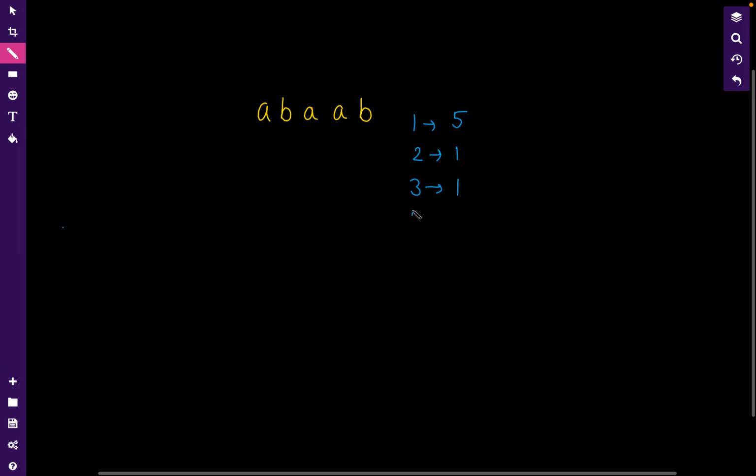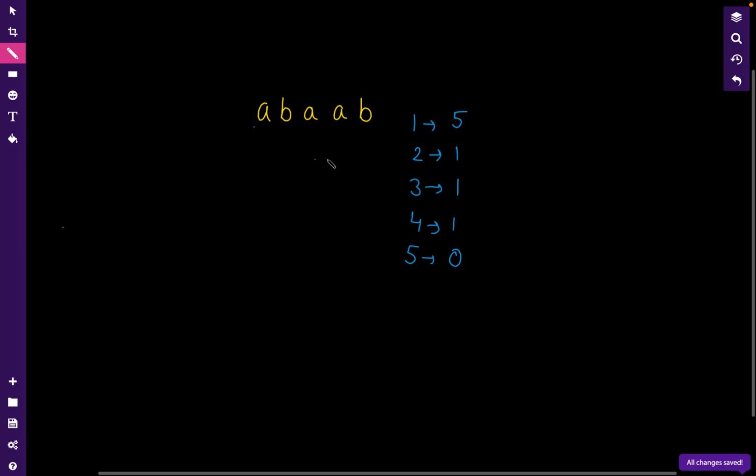And for length 4, this will be the only one possible, because if we read this BAAB from the back and from the front, they are both the same. So for length 4, it is this string, and for length 5, there is no other string possible.